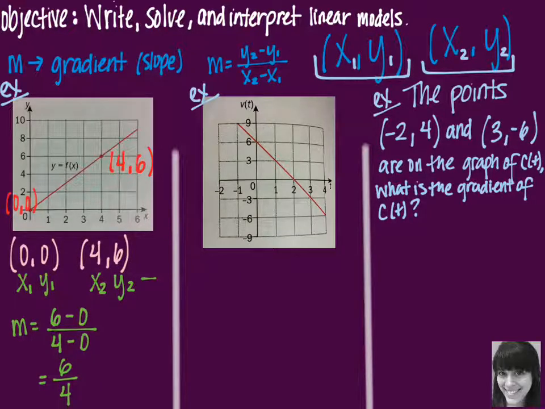You always want to simplify, so both of them are divisible by 2, so I get 3 halves. That is the m.